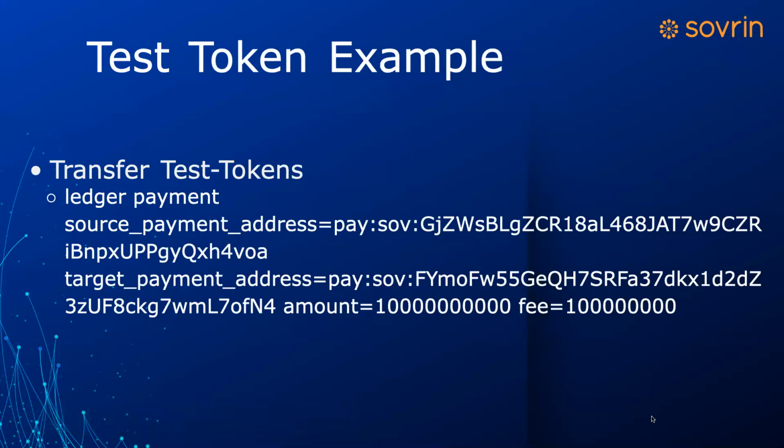So it takes out the fee and then makes a new source with 100 tokens in it and assigns that to this payment address. Then it makes another new source. Again, the old source disappears and we're splitting it, and the new source with the remaining tokens goes back in the source payment address.